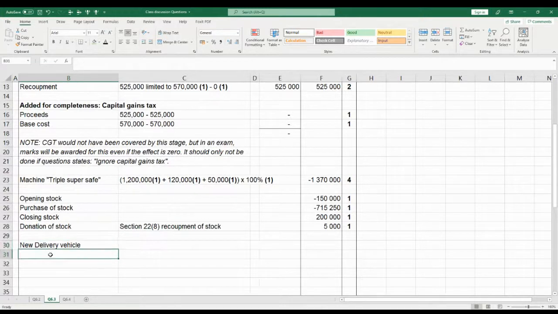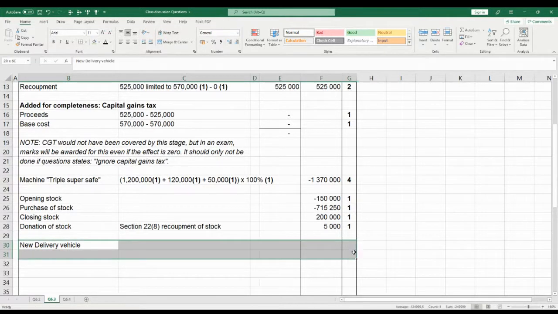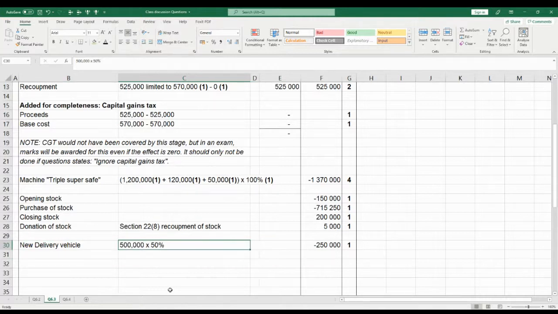Then for our new delivery vehicle, the deduction will be based on the 50, 30, 20% rule. Because it is year 1, we will apply the 50% rather than the 4-year period, which is the alternative.